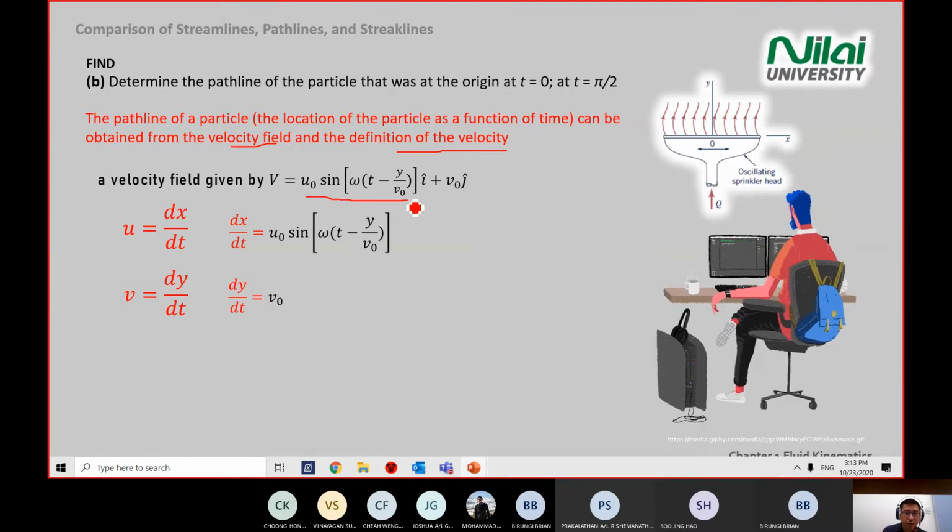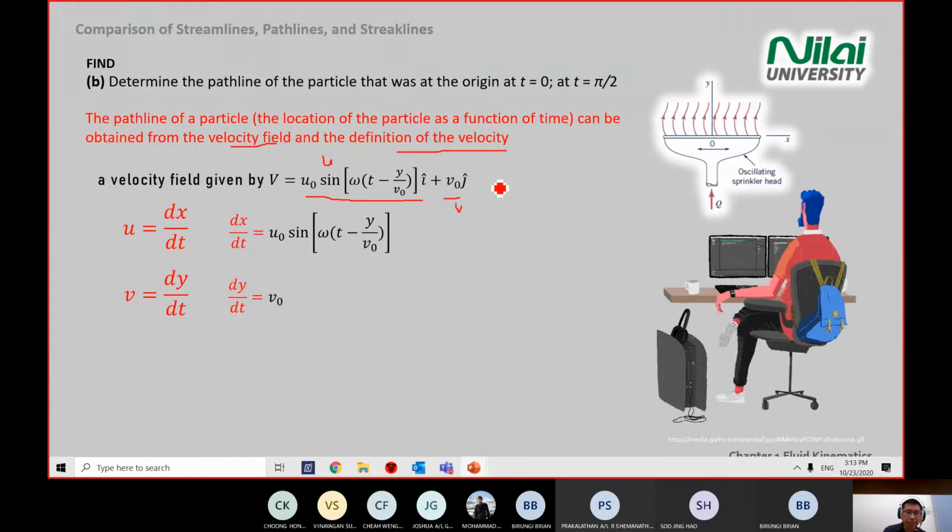This is your u, small u. And then this one is your v. Just copy. So dx dt equal to what is in front of the i hat. This is your u component. And then dy dt, or your v component, equal to what is in front of the j hat.